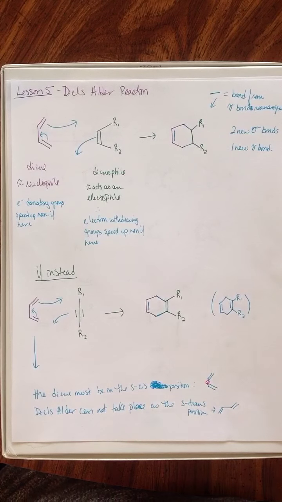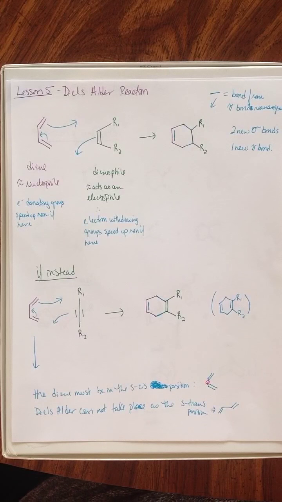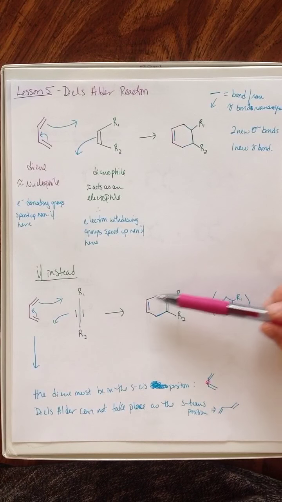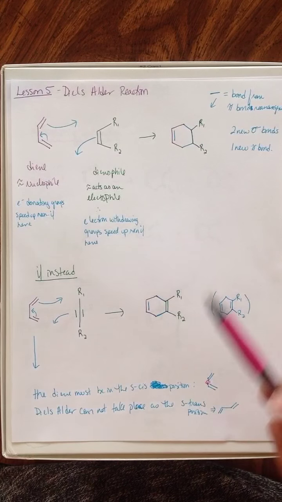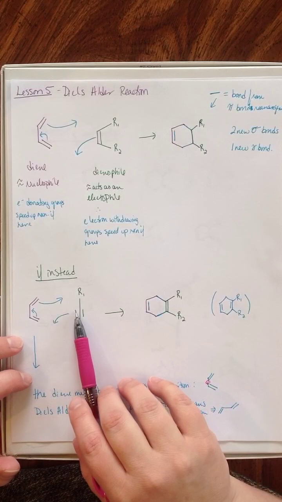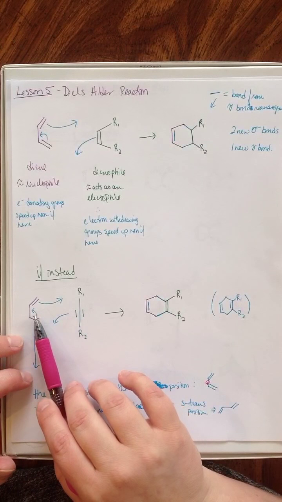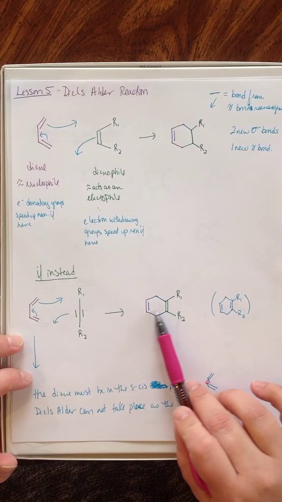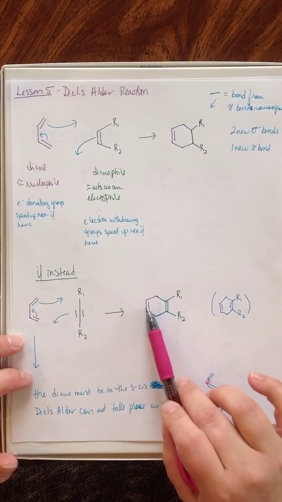Okay, so if you have a diene that's reacting with an alkyne, instead of getting 1 double bond in your cycle, you actually get 2. So again, we're taking the pi electrons, moving down, moving up, moving over, and that's going to make the new bonds here, here, and here.